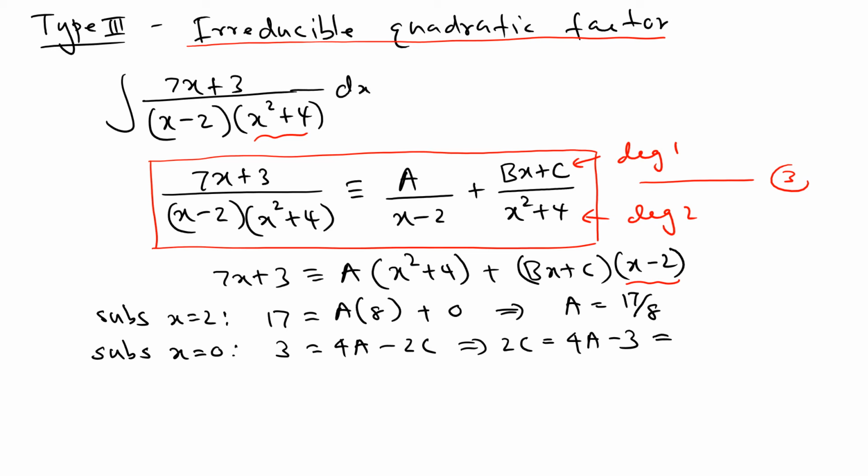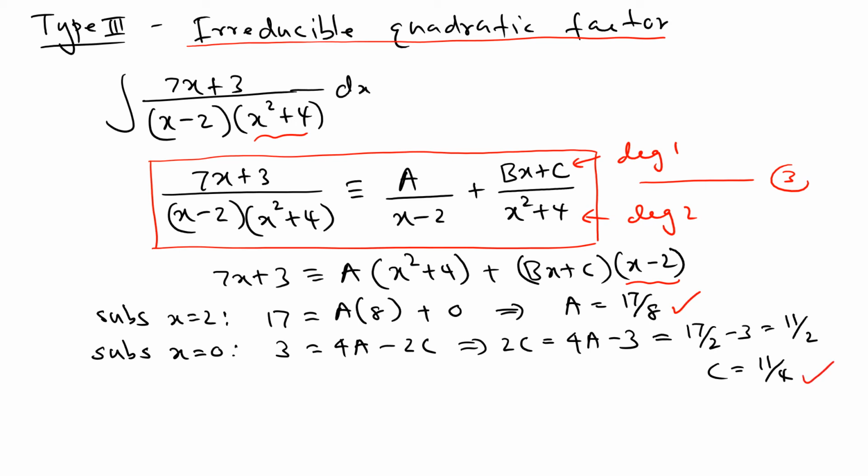When you multiply a by 4, this gets 17 over 2, minus 3. This says 11 over 2. That means c equal, you divide by 2, so 11 over 4. So we got a and c.